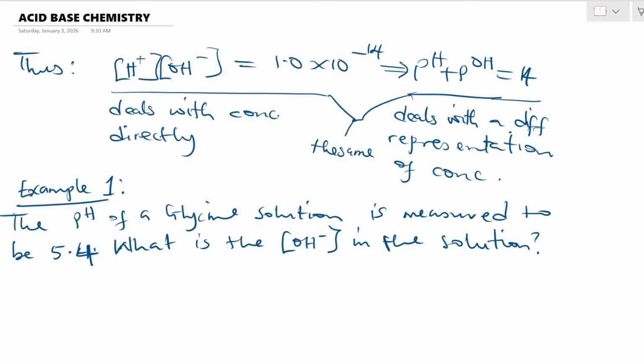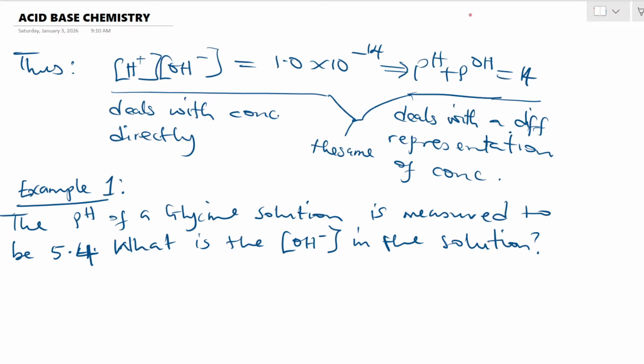So looking at example 1, we have the pH of a glycine solution measured to be what? 5.4. What is the OH minus concentration? That is, what is the hydroxide ion concentration in this solution? In solving this, we must use the basic relationship, which is the concentration of hydrogen ion multiplied by the concentration of what?